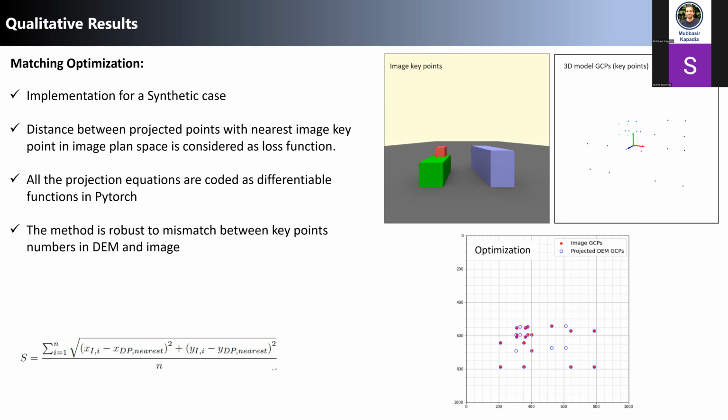that we can use in gradient descent optimization. I should say that the method is robust to mismatch between key point numbers in DEM and image. For example, in this figure, you can see that the number of image key points is less than the number of DEM key points, because some image key point detectors may not be able to detect all the key points of our interest.